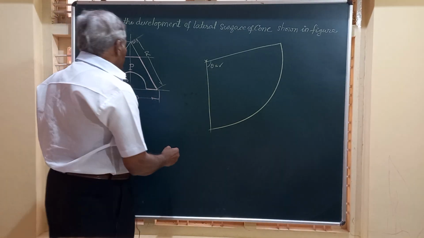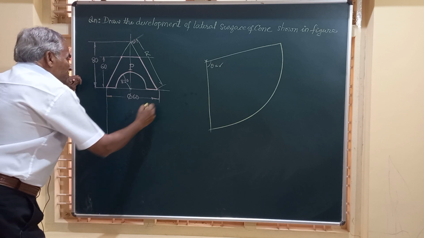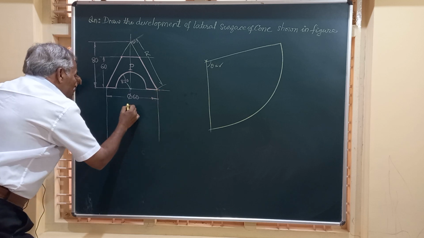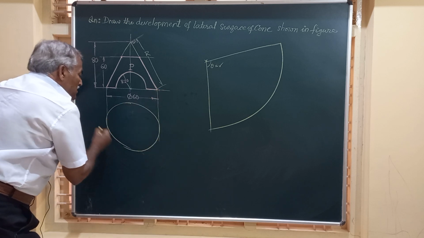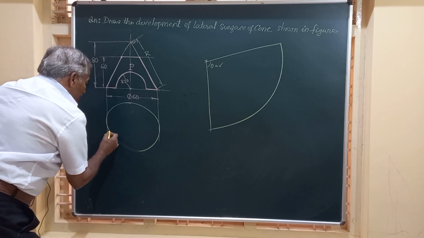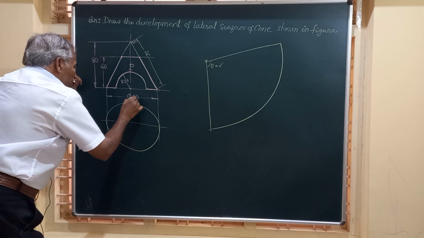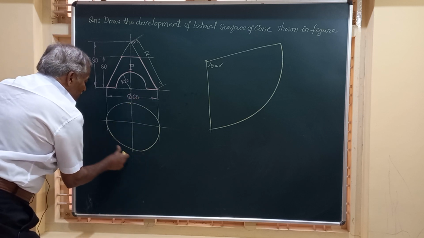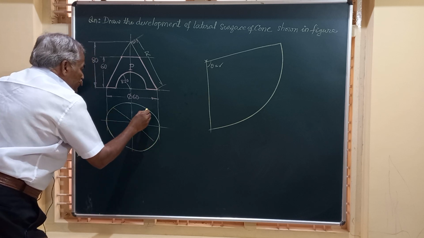So friends, let us draw the top view of this cone with the diameter equal to 60 millimeter. We will draw horizontal and vertical lines through this. It is divided into 4 parts now. We will further divide it into 8 parts.